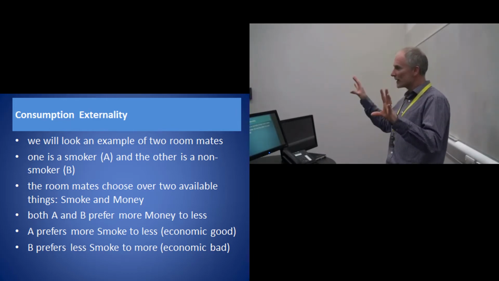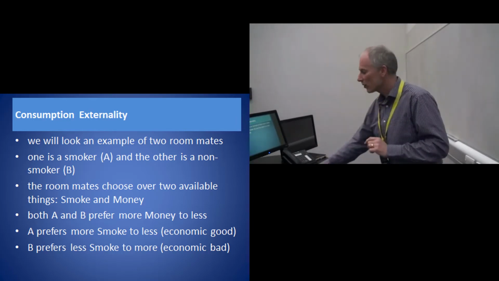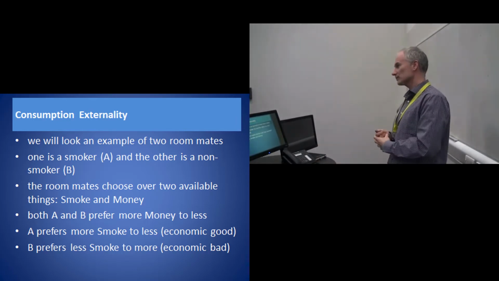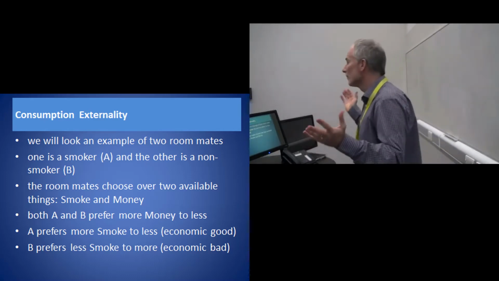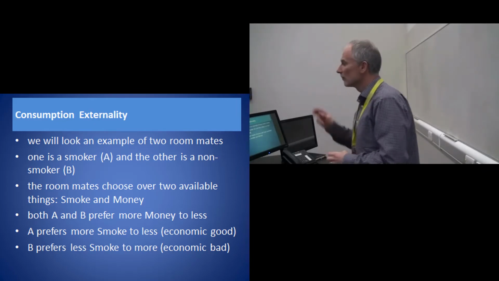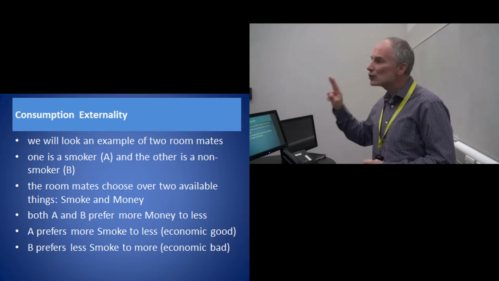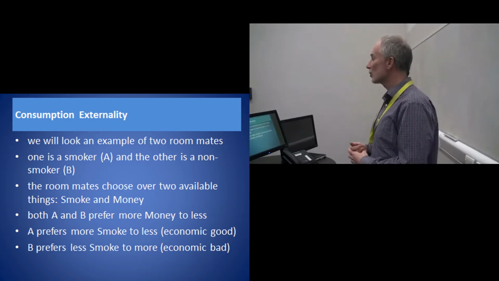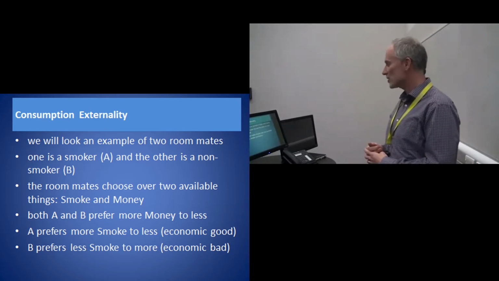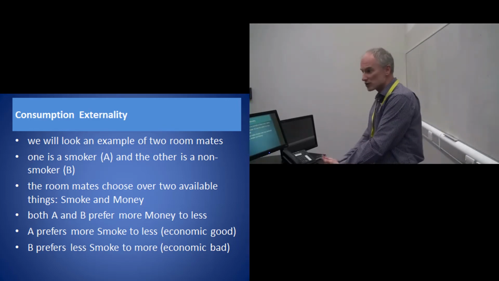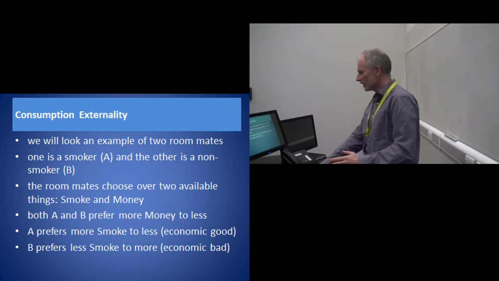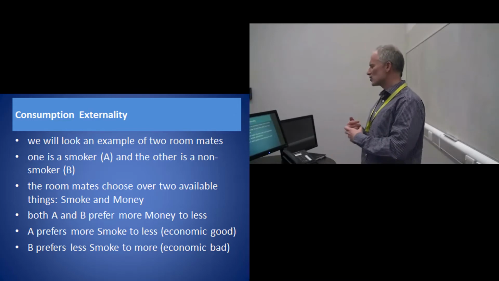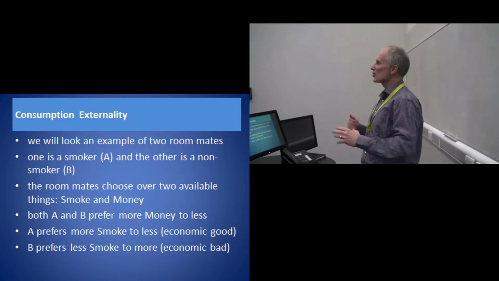So, two roommates, and it's person A who is the smoker. Now, our two roommates have tastes and preferences over goods. And we're going to look at two goods that are available to them. These two goods are smoke and money. Now, in terms of these two goods, money is always straightforward.